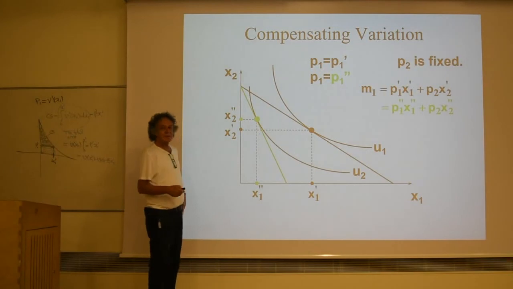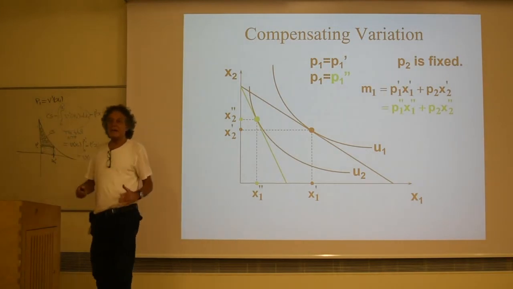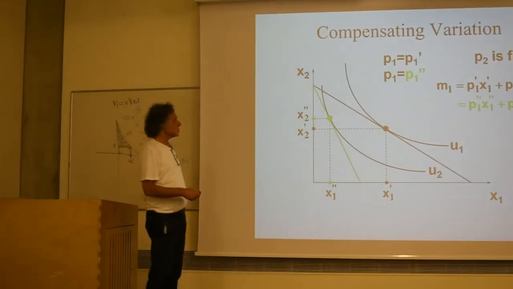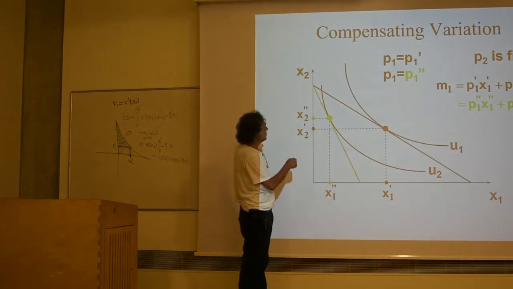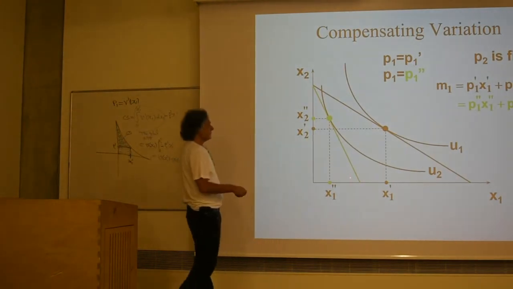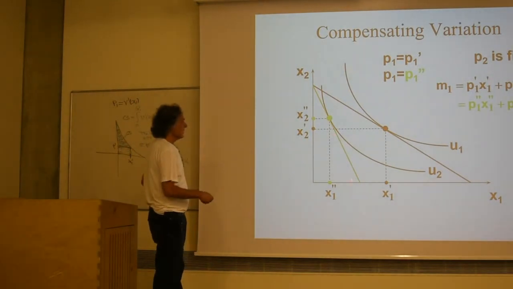So, suppose I want to make you as happy as before. Should I compensate? And by the way, what is this one? This one is actually with the same budget constraint, except that P1 prime is now P1 double prime.